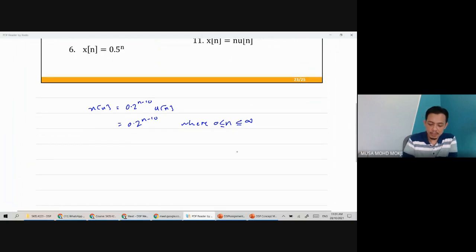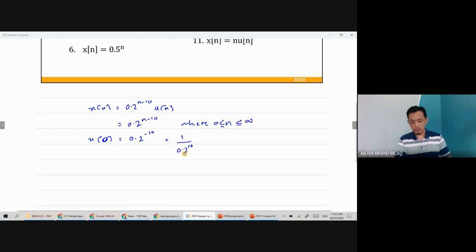At x0, what you get is 0.2 to the power of minus 10, which equals 1 over 0.2 to the power of 10.